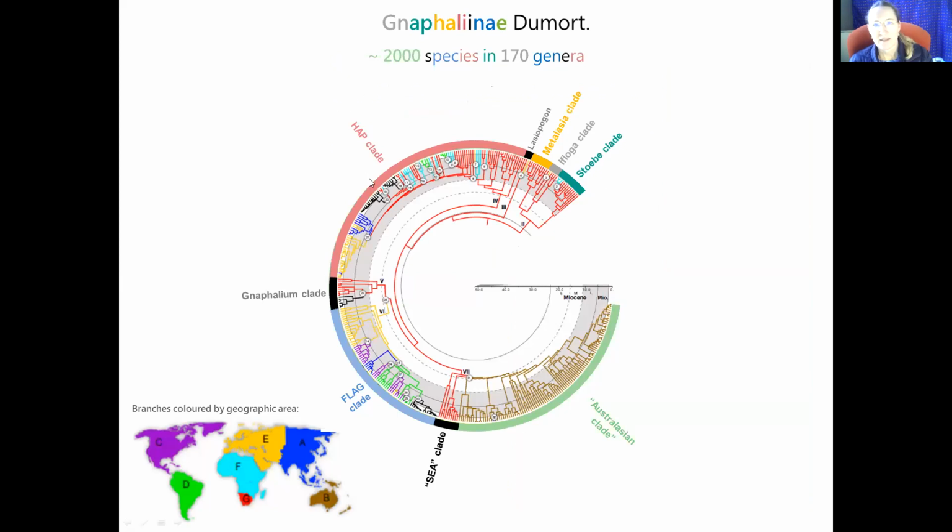Okay, on to the other subtribe, the Gnaphaliinae, where most of the variation is housed. And you can see that most of the divergences along the backbone are inferred to have occurred in Southern Africa, which is quite interesting, although it's also true for several other asteroid tribes in the daisies, interestingly enough.